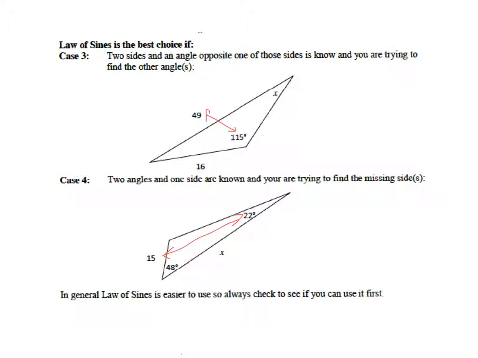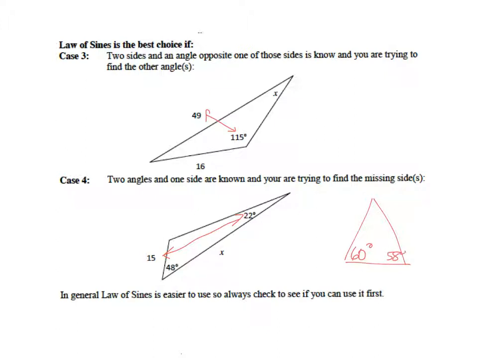You could have something like this, which doesn't really fit one of those cases. A triangle like this where you have, let's say this is 60 degrees and this one's 58 degrees.